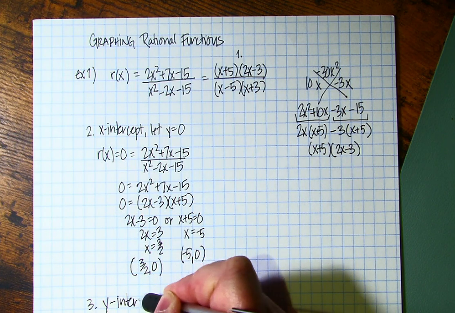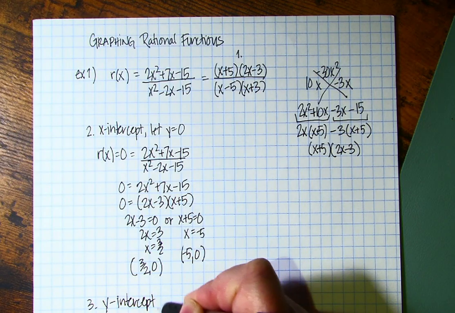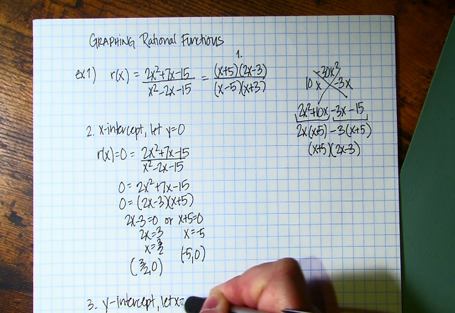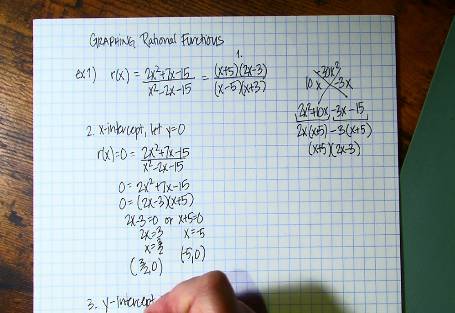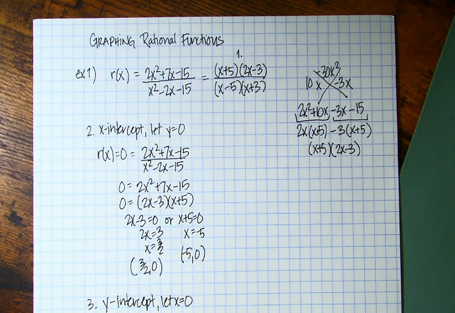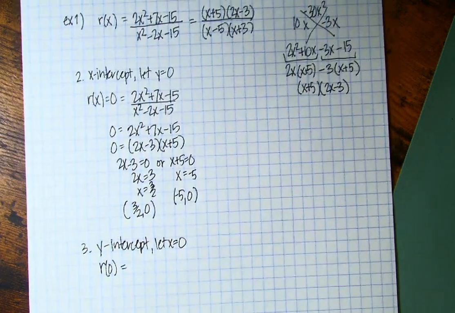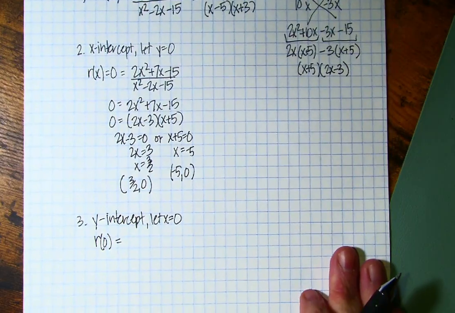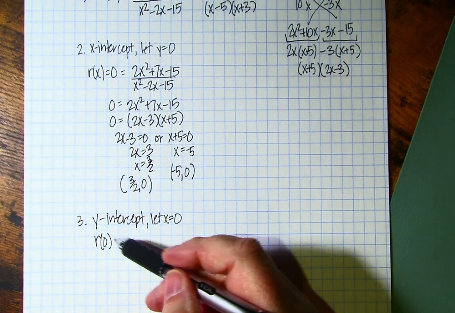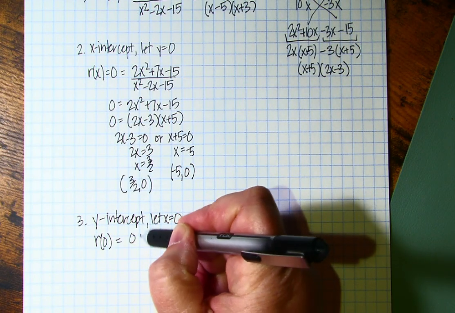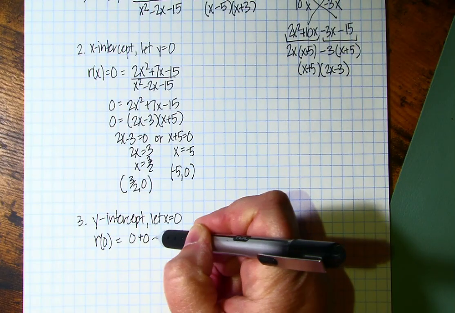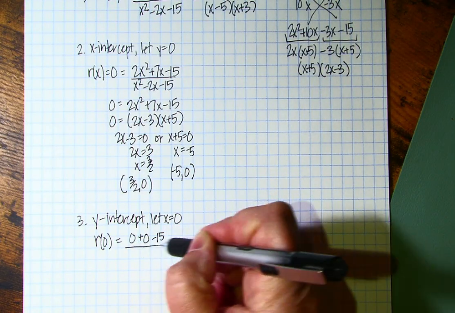The y-intercept is found when you let x equal 0. In order to let x equal 0, I will again use my r of x. Instead, my x is 0. So I'm simply going to put 0 in for all of my x values. 2x squared becomes 0, 7x becomes 0, and I have a minus 15.